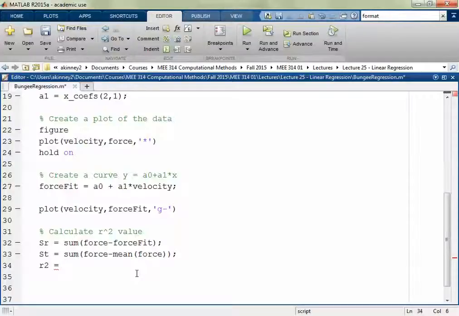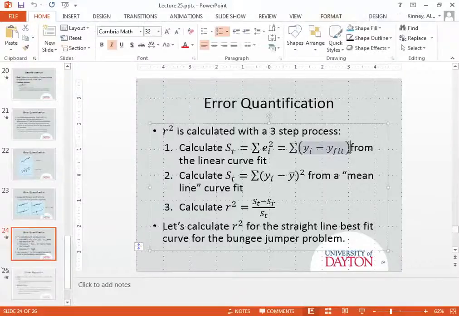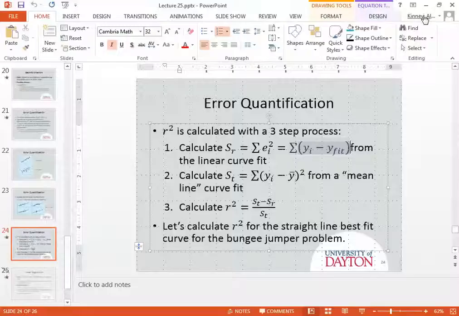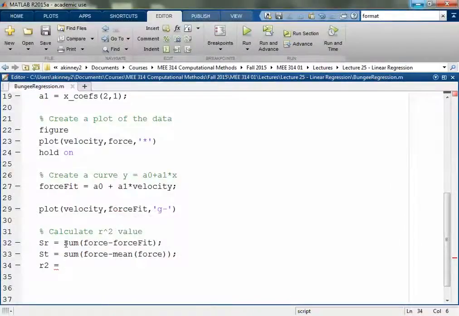Don't we need a square in ST? Do we need a square in ST? Oh, you're right. And I'm missing a square here. We got to square both of them. Sorry. I will fix that in the PowerPoint. So we need to square before we sum.